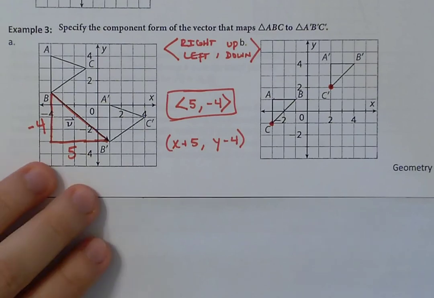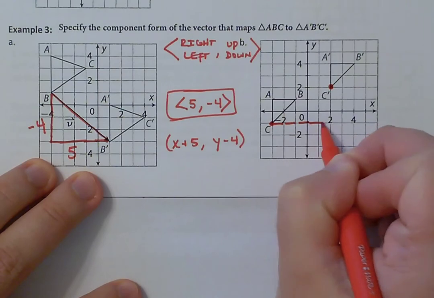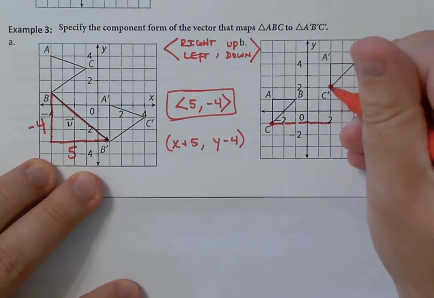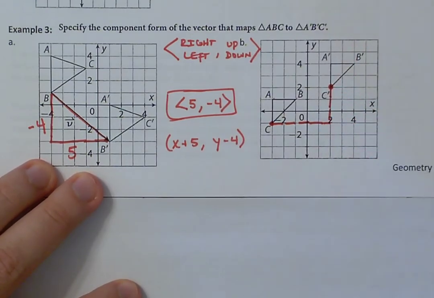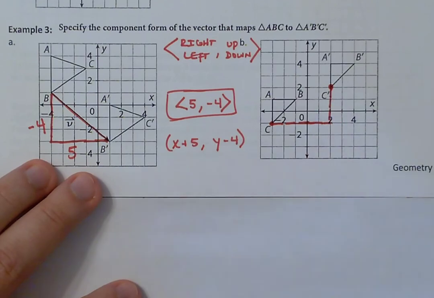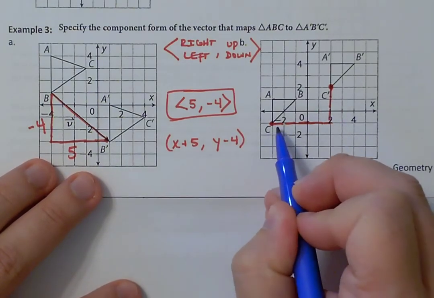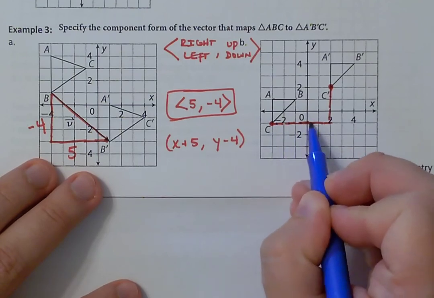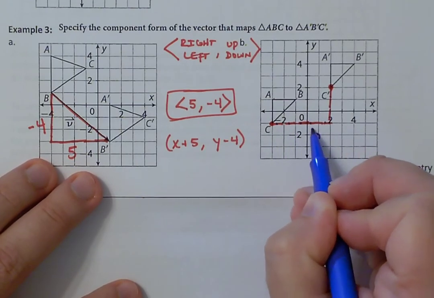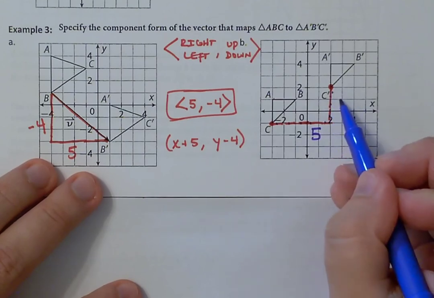So all you would do is kind of chart a path, how you'd get from there going horizontally and then vertically, or vertically then horizontally. So that would be my path for this one, is that I went to the right and then up. So for this one, for C to C prime, I went to the right 1, 2, 3, 4, 5. And then I went up 1, 2, 3.